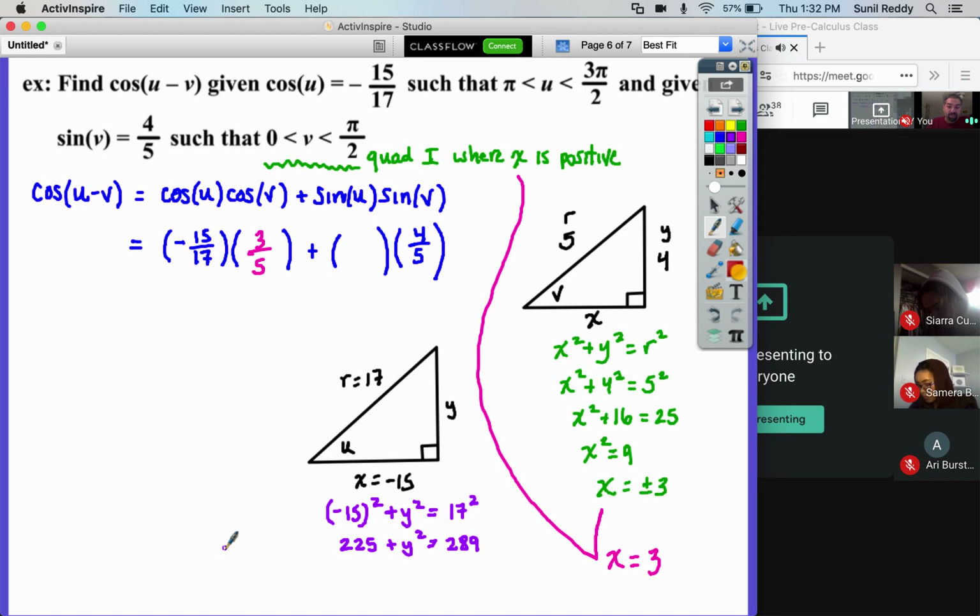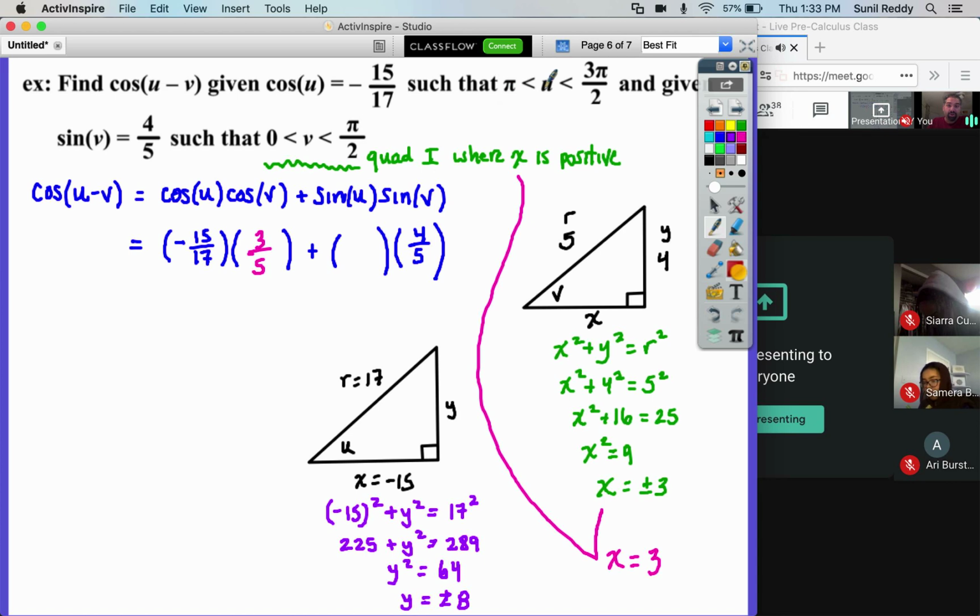When I subtract 225 from both sides, I get that y squared equals 64. And then square rooting both sides gives that y equals plus or minus 8.